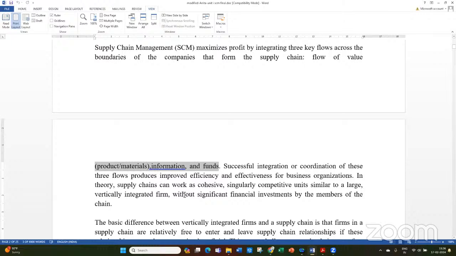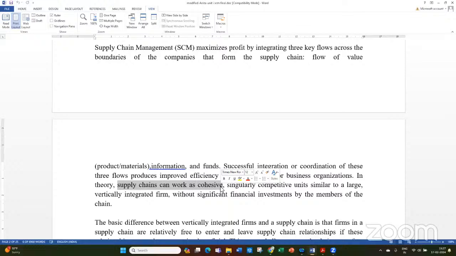So supply chains can work as a cohesive unit. I told you about the supply chain of a hospital, and the supply chain of an automobile company. An automobile company needs to contract with different component suppliers, which is a different supply chain. Painting is again a separate painting supply chain: once the car is assembled, you have to give it labeling and paint.